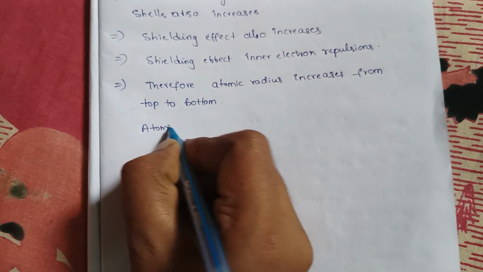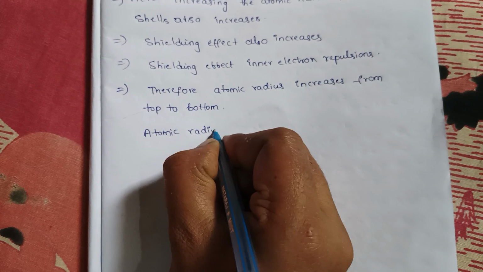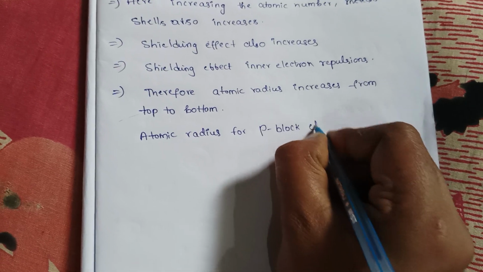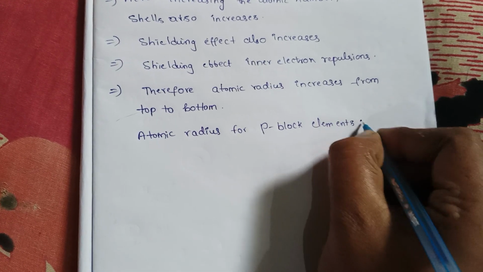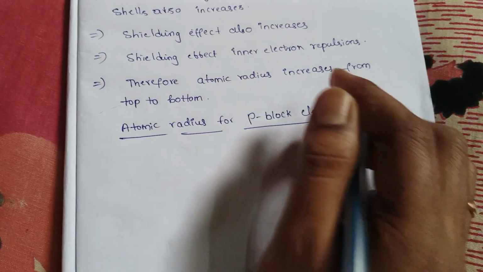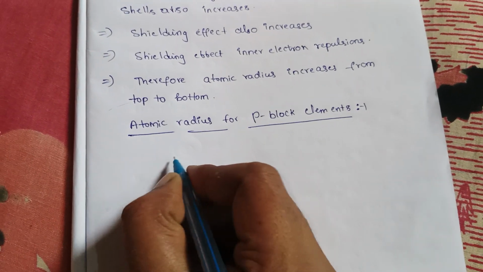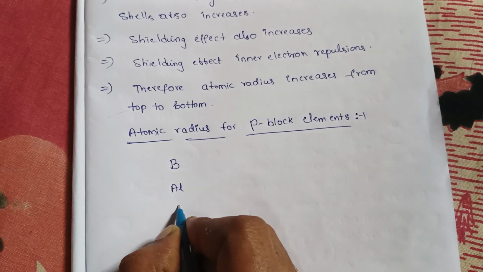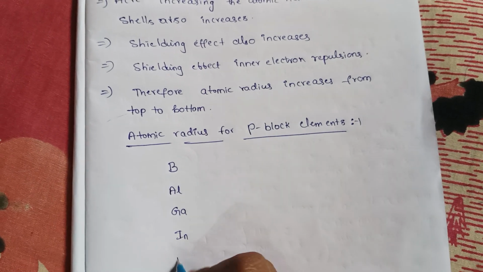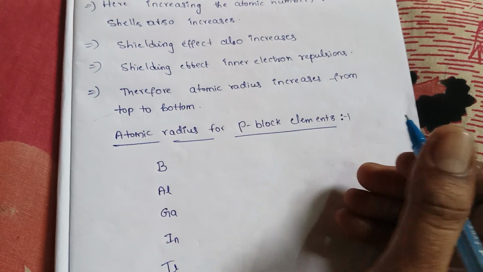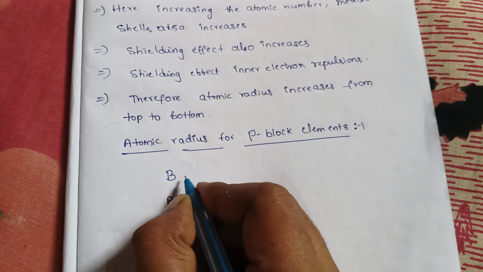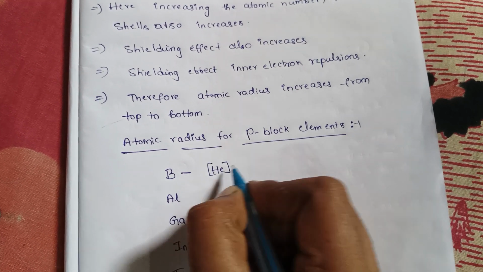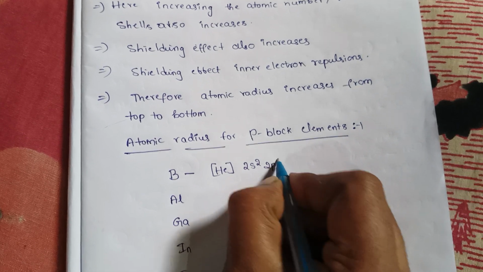Atomic radius for p block elements. Take the boron family: boron, aluminum, gallium, indium, thallium. If you write the electronic configuration for these: boron, helium 2s2 2p1.